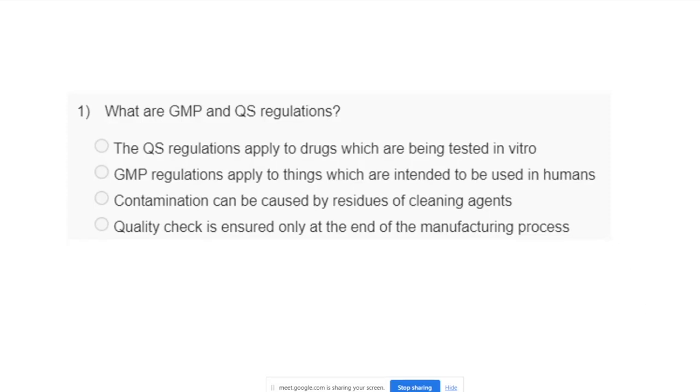Okay, so this was the first question. What are GMP and QS regulations? The QS regulations apply to drugs which are being tested in vitro. GMP regulations apply to things which are intended to be used in humans. Contamination can be caused by residues of cleaning agents, and quality check is ensured only at the end of the manufacturing process. So the correct option here would be GMP regulations apply to things which are intended to be used in humans.